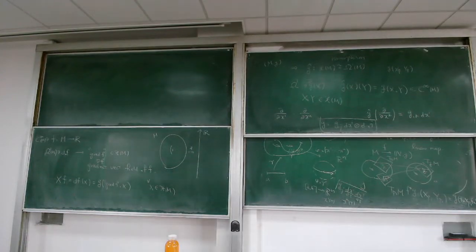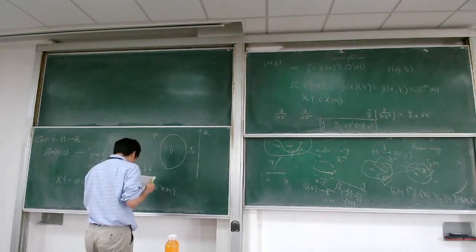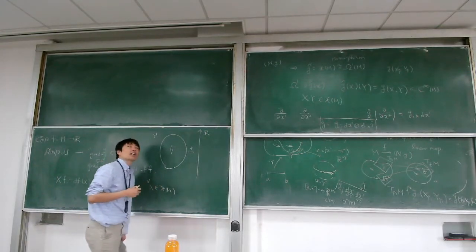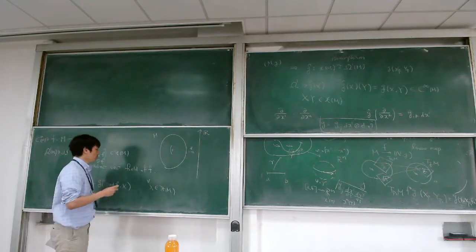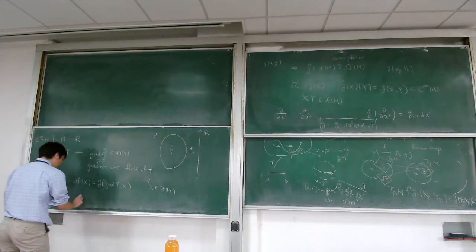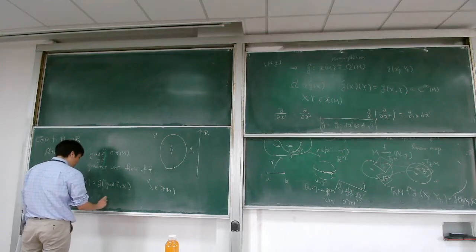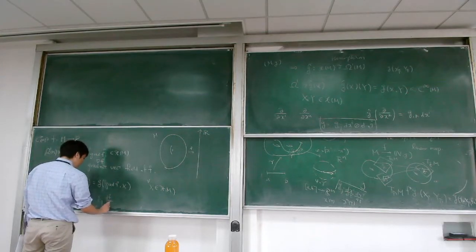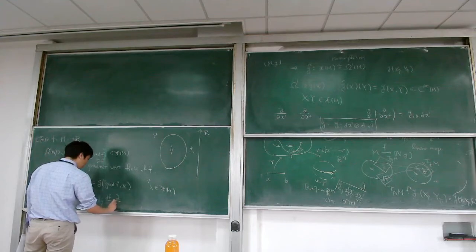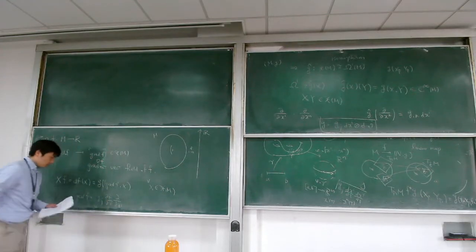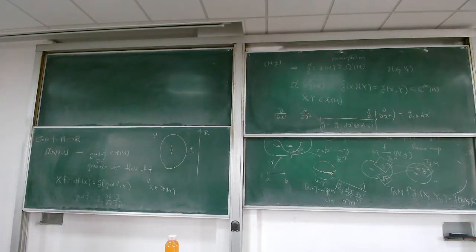So it should be locally this graph of f. Locally G^{ij} df dx^i and partial d/dx^j. So this is the local expression.